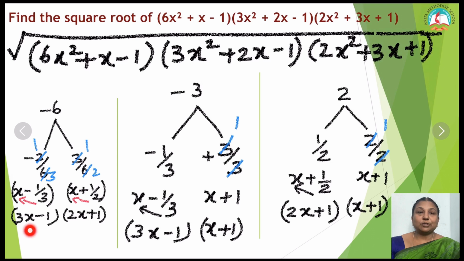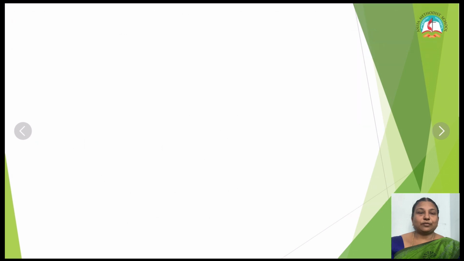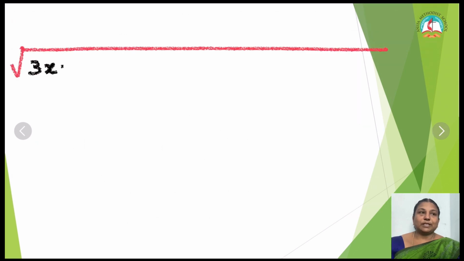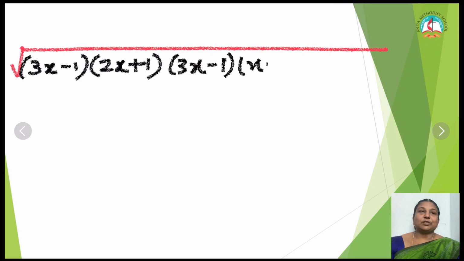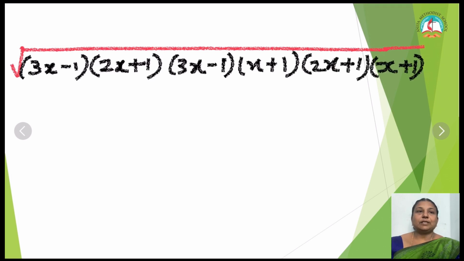Now what do I have to do? Instead of those expressions, I have to substitute the factors. So I will get square root of 3x minus 1 into 2x plus 1 into 3x minus 1 into x plus 1 into 2x plus 1 into x plus 1. So I will get everything in twos.